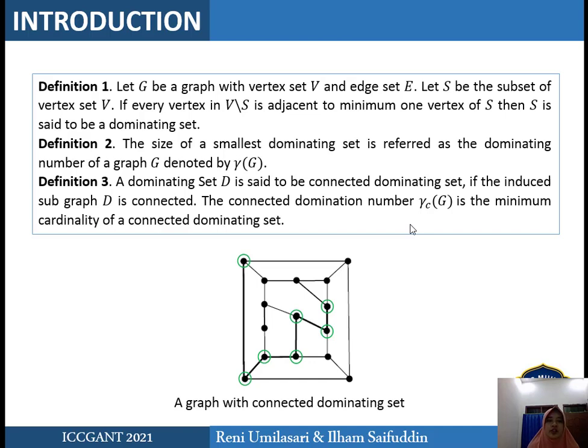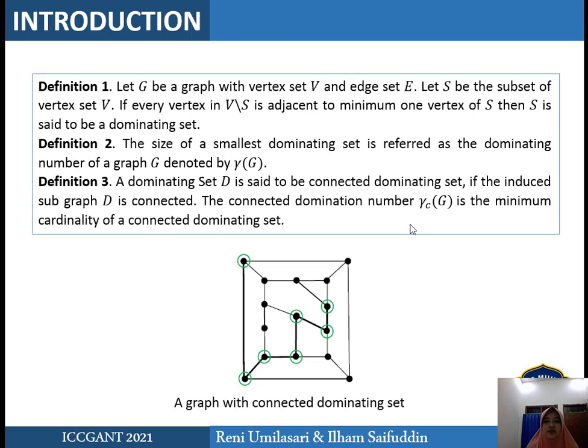Next is the definition of connected domination number. A dominating set D is said to be a connected dominating set if the induced subgraph D is connected. The connected domination number, denoted by gamma c G, is the minimum cardinality of a connected dominating set.